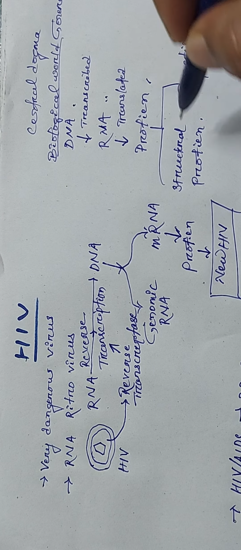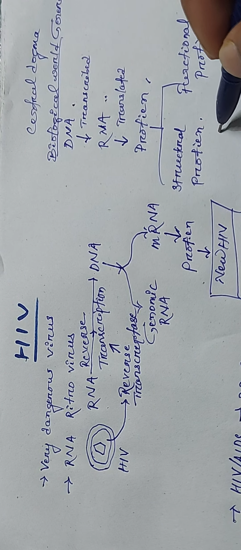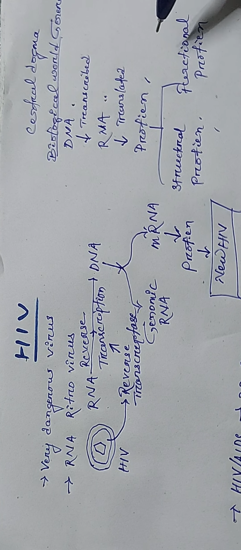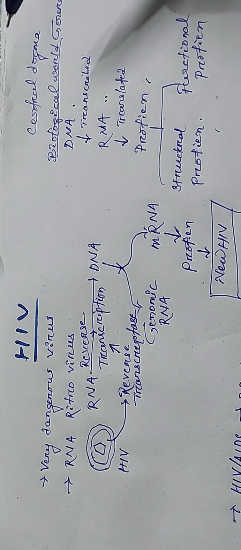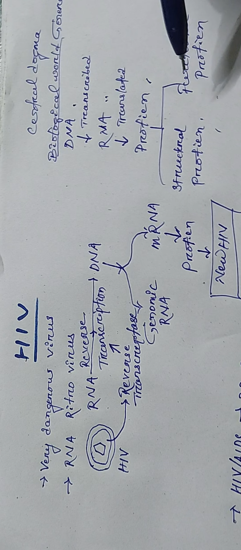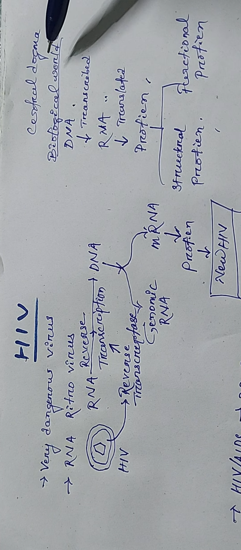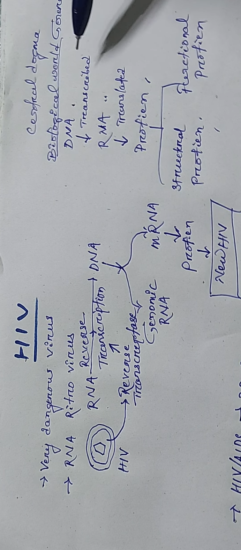Again, the protein is divided into two types: structural protein and functional protein. These two proteins help in the formation of new cells. This is the central dogma of the cell for the formation of new cells.